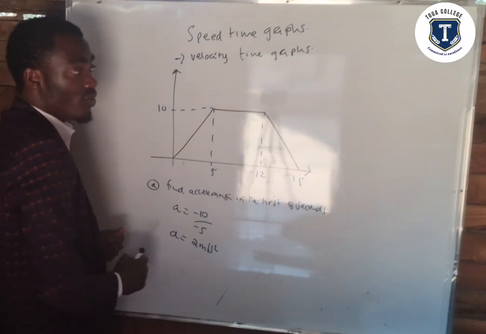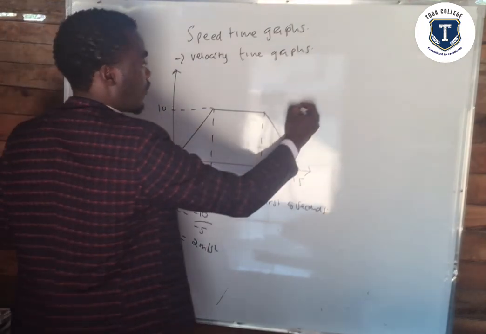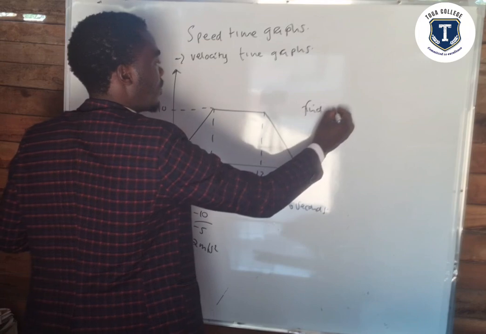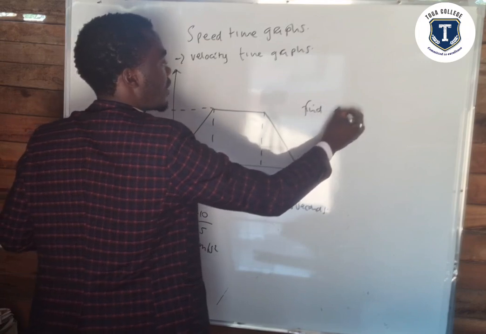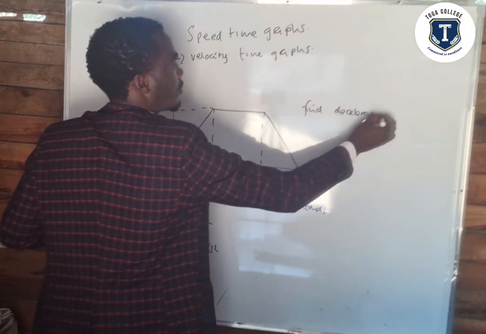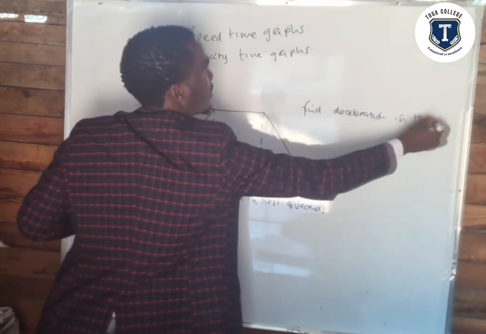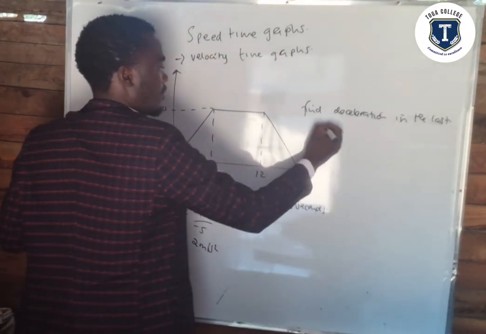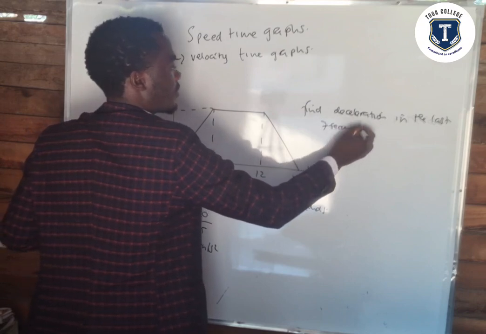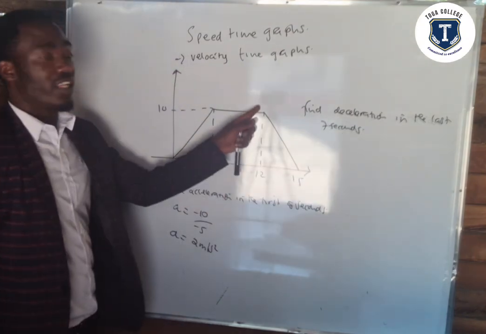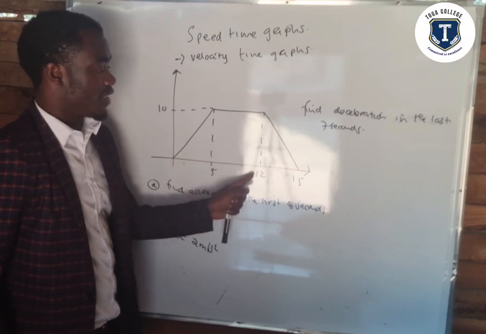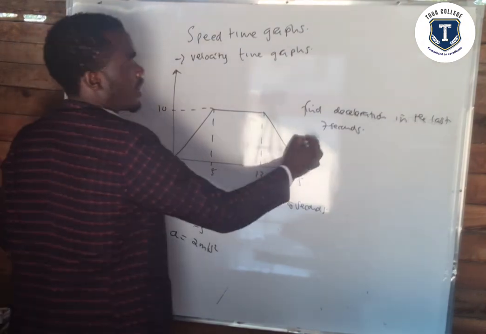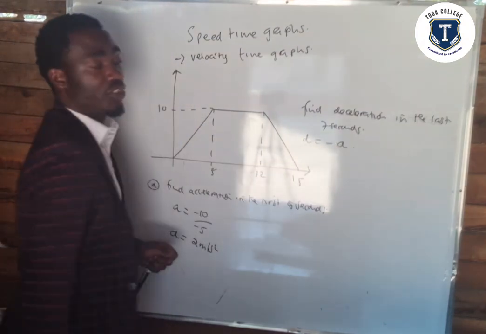Also, they would ask us to find the deceleration in the last 7 seconds. We want to find the deceleration in the last 7 seconds. This one here, right? Deceleration is equal to negative acceleration, right?